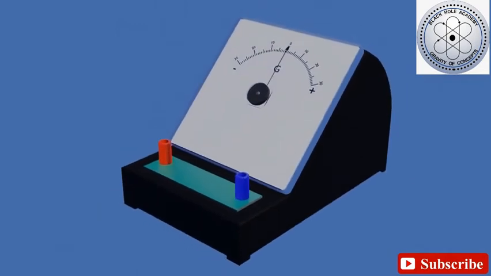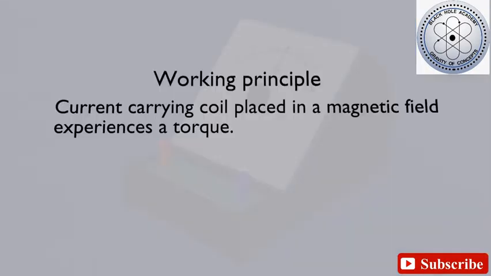Principle of the permanent magnet moving coil galvanometer. It works on the principle that a current carrying coil placed in a magnetic field experiences a torque.